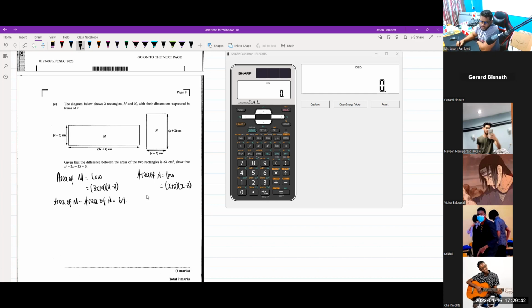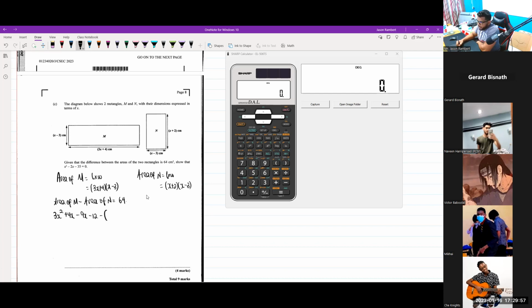So we have, I'm going to expand the brackets one time. I'll have 3x squared plus 4x minus 9x minus 12.